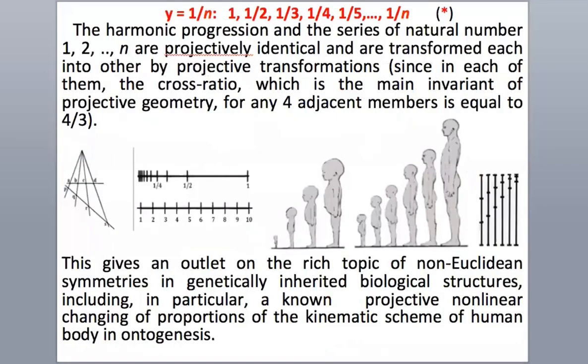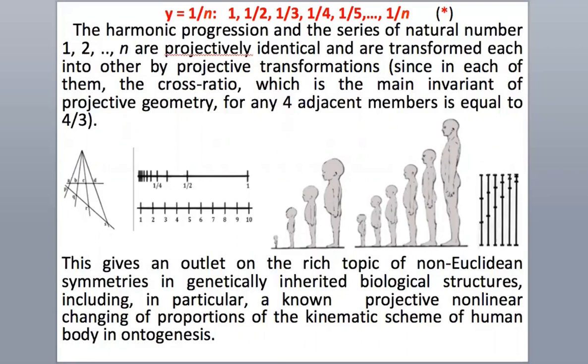The harmonic progression and the series of natural numbers, 1, 2, 3, etc., are projectively identical and are transformed into each other by projective transformations, since in each of them the cross ratio, which is the main invariant of projective geometry, for any 4 adjacent members is equal to 4/3.